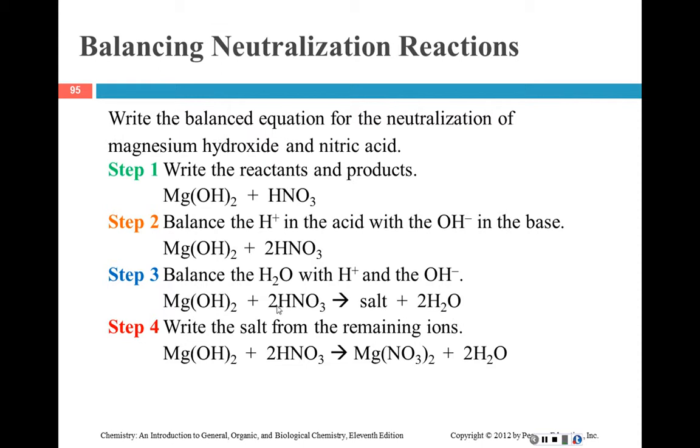So I've got 2 H's here, 2 H's there, so I'm going to need 4 H's, so 2 times 2 is 4, and then that should balance the oxygens as well. And then the salt I'm going to have is with the magnesium and the nitrate, because this is a plus and this is a minus, so you're going to have the plus and the minus go together. That's the only thing you've got left.